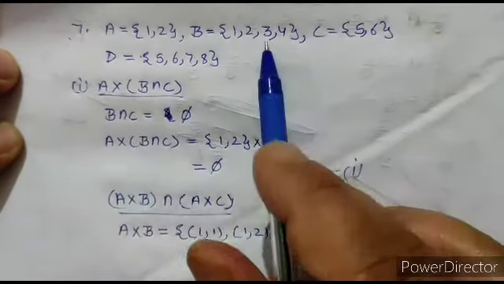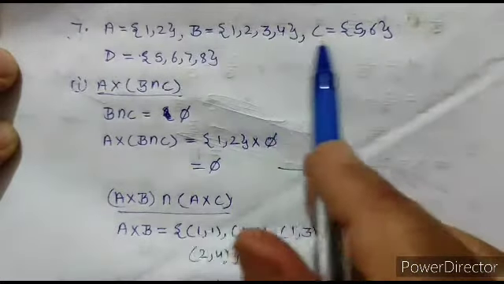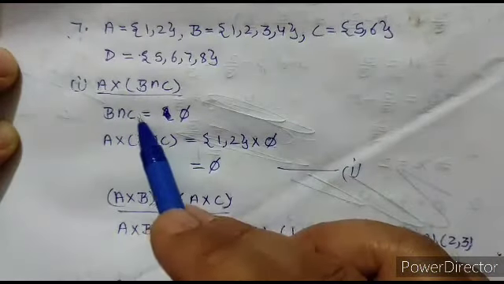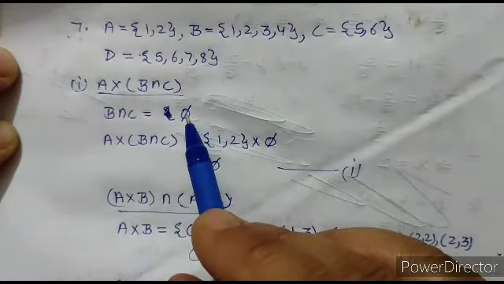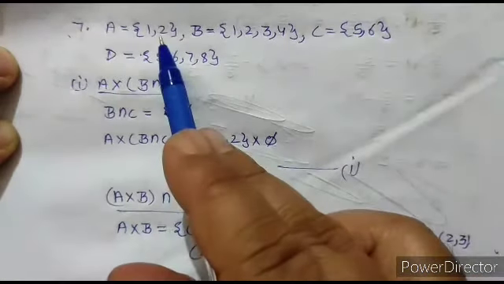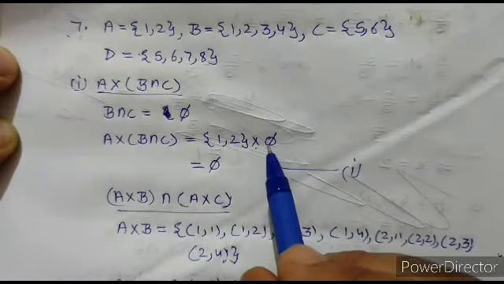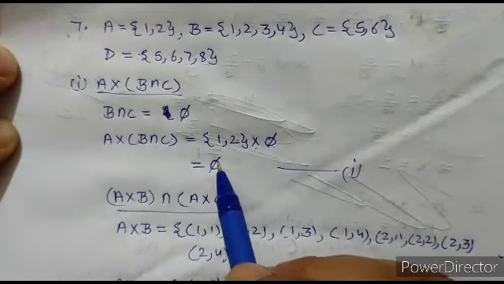Sets B and C have no element common in them, so B intersection C is a null set. Now A cross (B intersection C) will be set A, that is {1, 2}, cross the null set, and that will be equal to the null set.